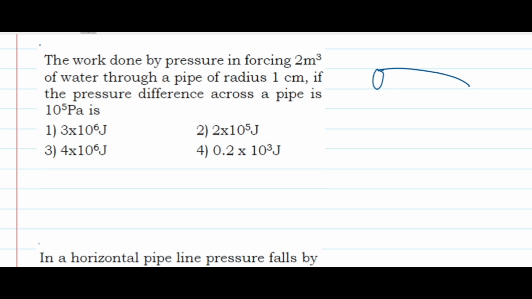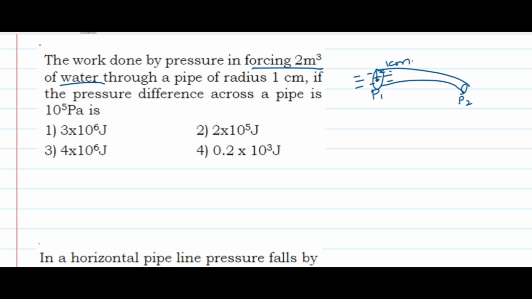There is a pressure difference across the pipe, and here you are going to be forcing 2 meter cube of the water. That means the volume is given, and its radius is given as 1 centimeter. The pressure difference across the pipe, with P1 and P2 here, is given as 10 power 5 Pascal.